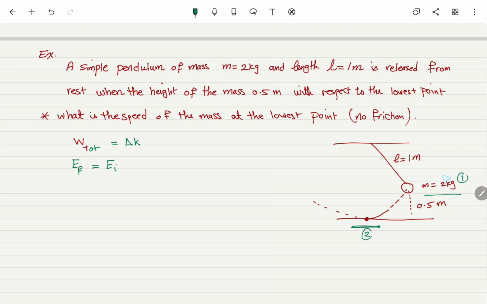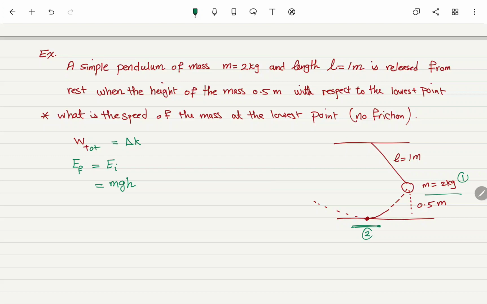Now the mechanical energy here, we only have gravitational potential energy. So the initial position is equal to mgh. At this position, we only have kinetic energy, so it's equal to half mv final square. Remember, at position 1, no kinetic energy because the object starts from rest, and at position 2, no gravitational potential energy because the height from the reference point is equal to 0.